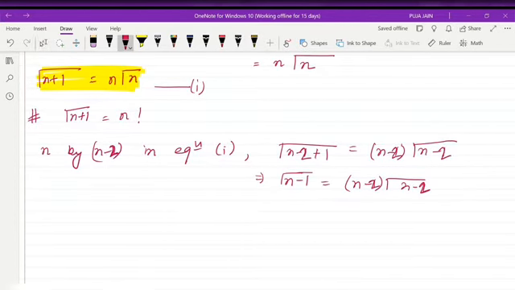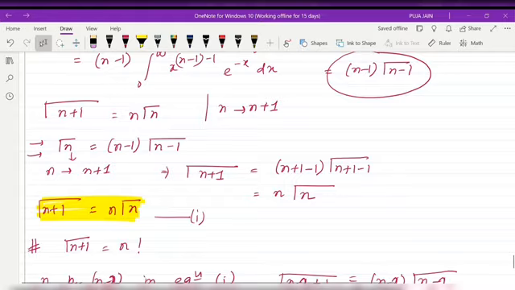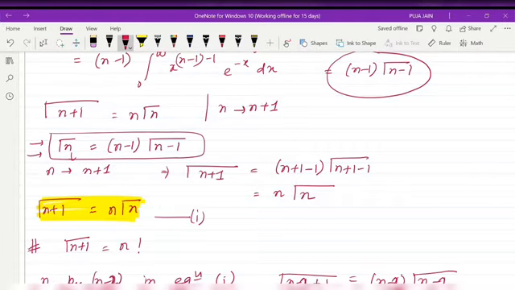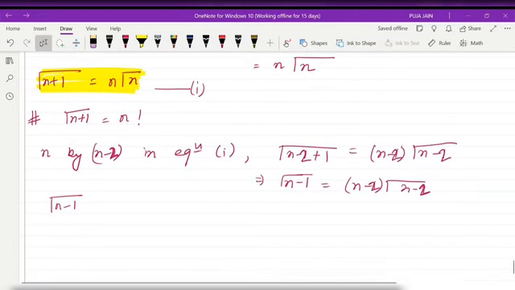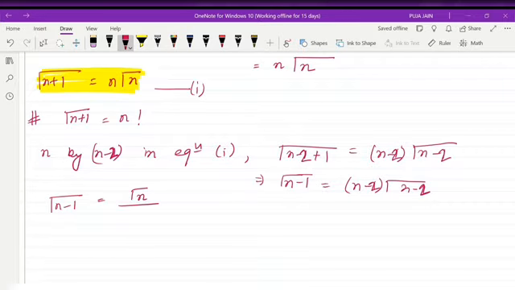Now putting this value of gamma n minus 1, we already got from this that gamma n minus 1 is equal to gamma n by n minus 1. If we substitute this value, we are getting gamma n equals n minus 1, n minus 2, gamma n minus 2.